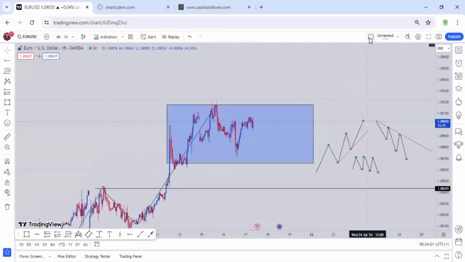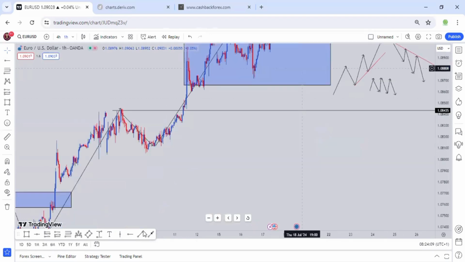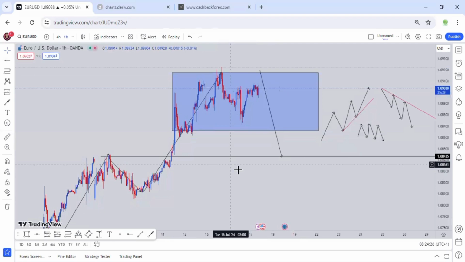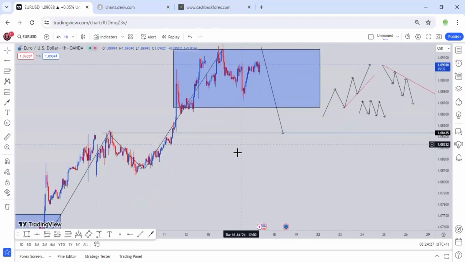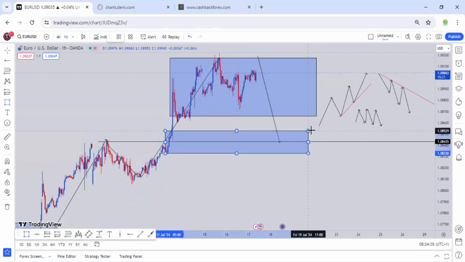Unless market comes here and creates a medium term bearish structure, it's advisable for us to create, but we don't know where to create it. Until this thing is done, we are sitting on our hands and waiting for market to come here and tap into these areas.